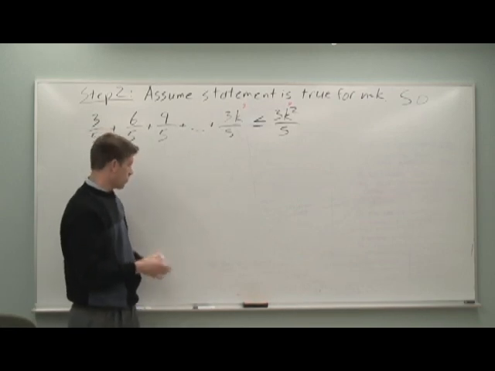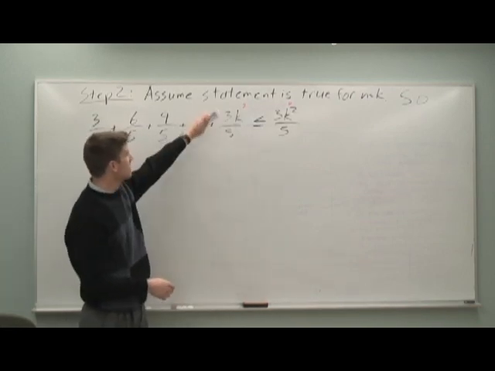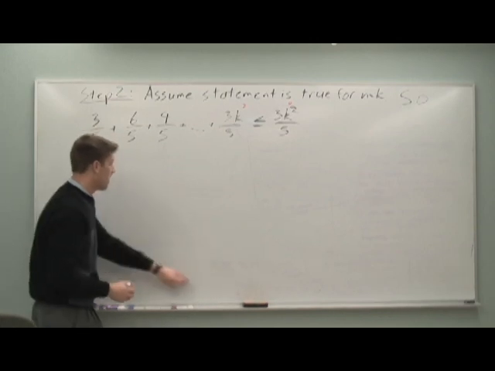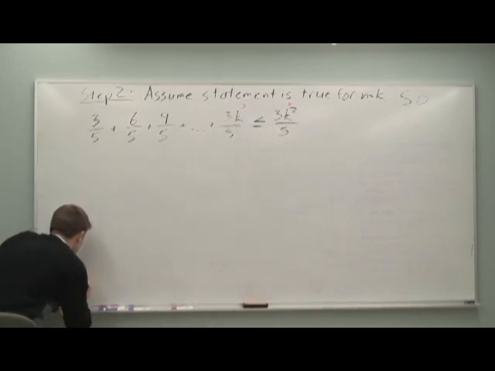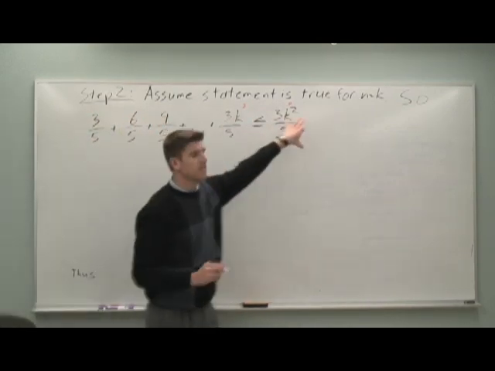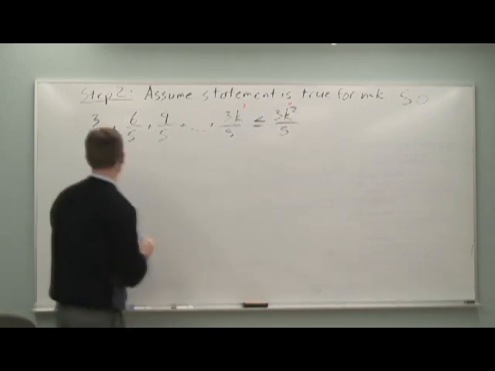So here's what we'd like to do. I'd like to have a big, long proof, and I'd like to end up with this statement at the bottom. Thus, this thing is true with a k plus 1 in both those places.